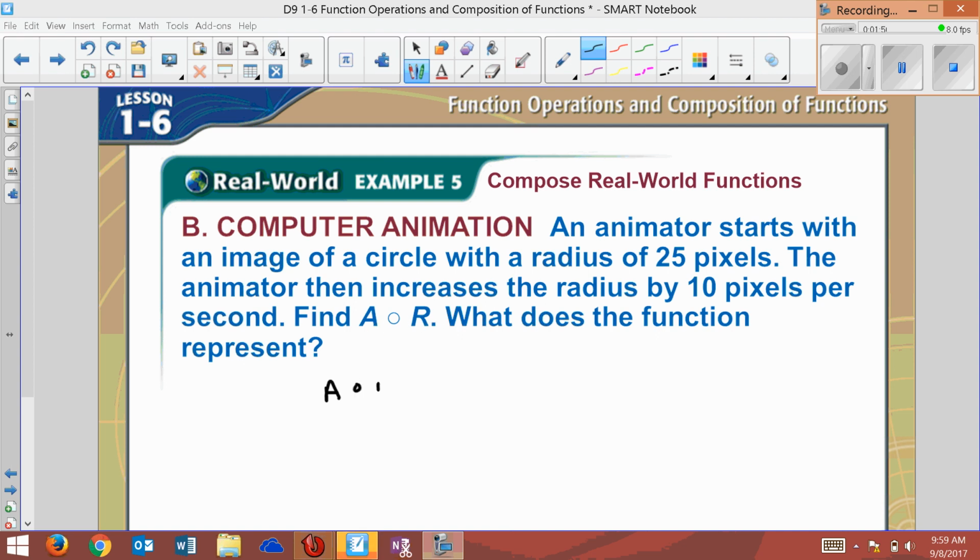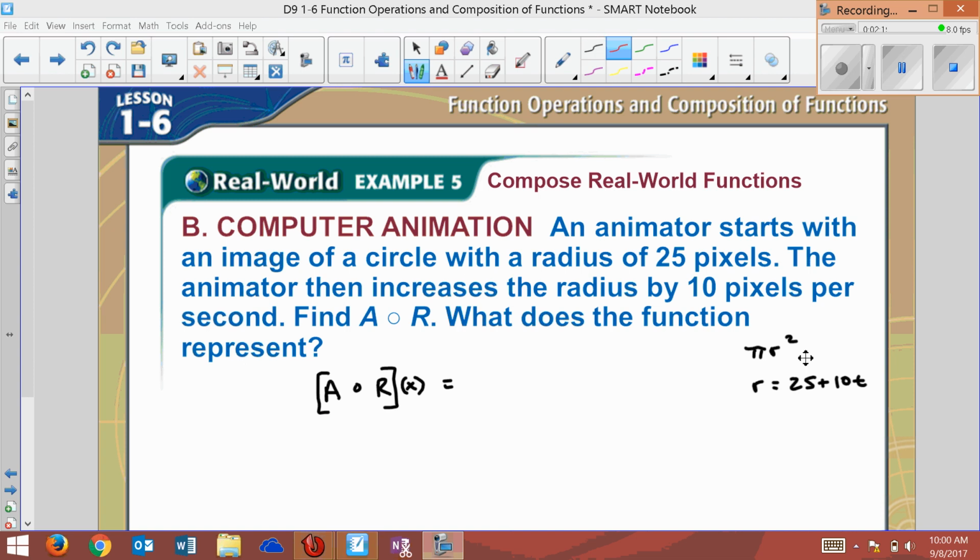So A of r, and I'm going to go back just so you can see it one more time. This is technically the full way of writing this out: A of r would equal area, which is pi r squared. Remember we had pi r squared, and then we also had that r equals 25 plus 10t.